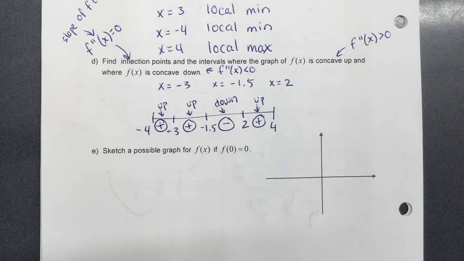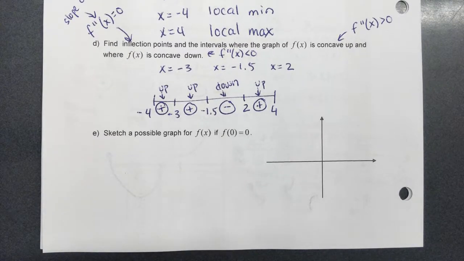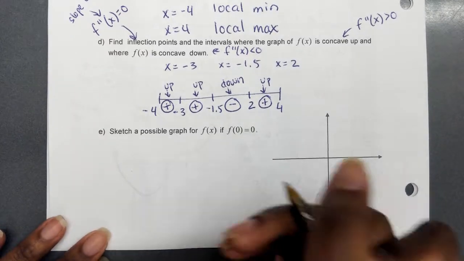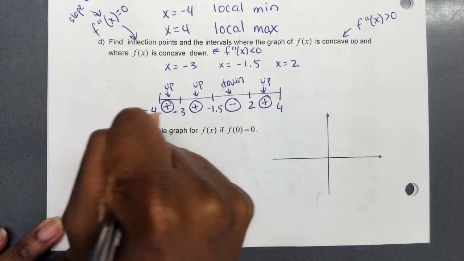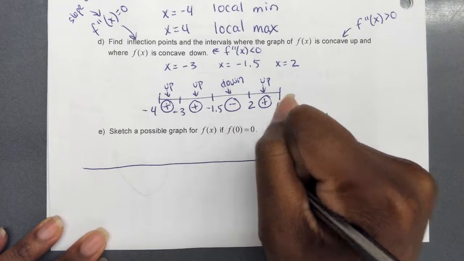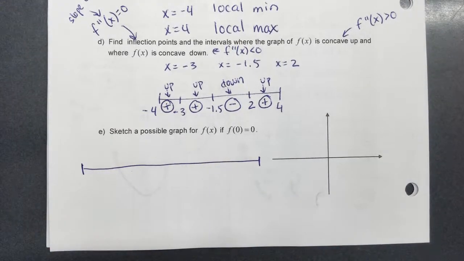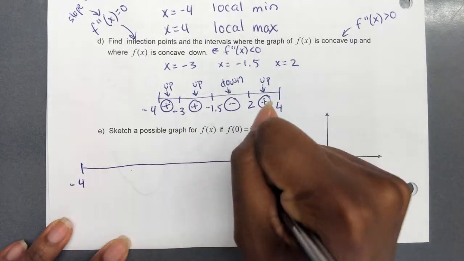So now we want to sketch a possible graph for f of x. So here, again, if we're going to sketch the graph, we need all our inflection and critical points on one number line. So we know we're going from -4 to 4.